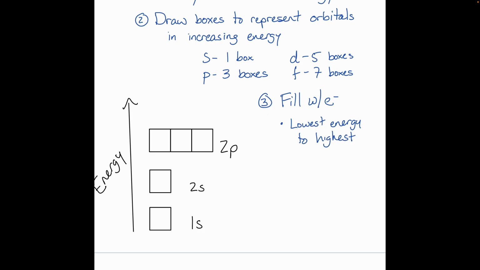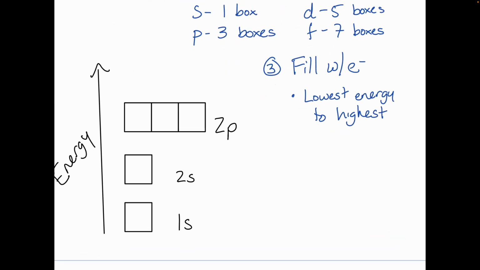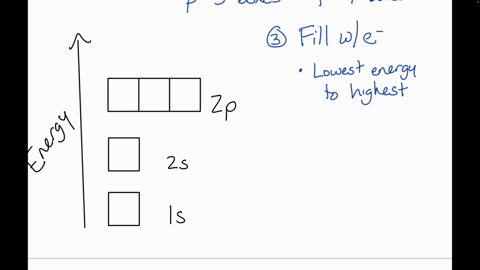So which orbital am I going to start with? 1s, my lowest energy orbital here. How many electrons are going to go in that 1s orbital? 2, because according to my electron configuration, there are 2 in there. Okay? So we're going to start by putting those electrons into that lowest energy orbital. Importantly, you can have 2 electrons per orbital.